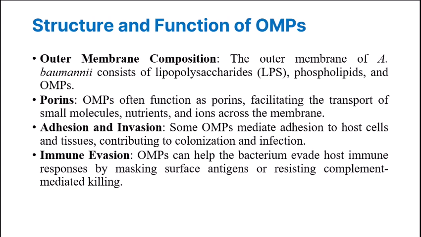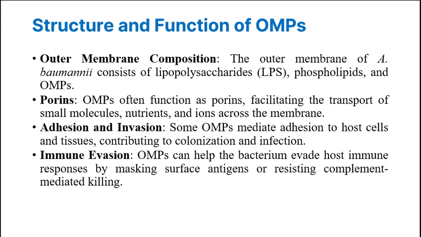This outer membrane is like a wall made of bricks, plus special doors and tools. First, porins as channels. Some outer membrane proteins act as porins, tiny holes or channels. They allow nutrients, small molecules, and ions to go in and out of the bacteria.